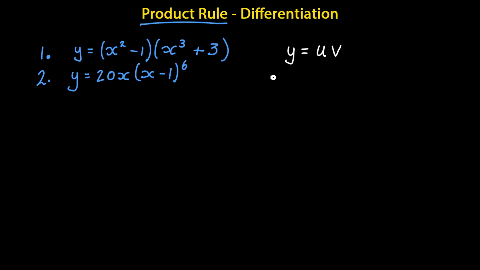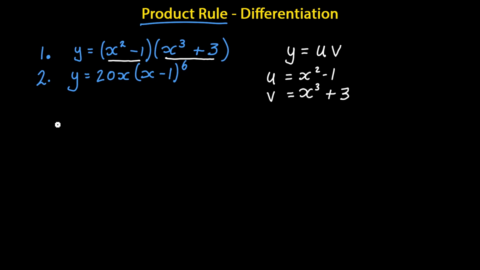So if we have a look at equation 1 here, if we were to write this equation in the form of y equals uv, we can set u equal to x squared minus 1, and we can set v to x cubed plus 3, which is the second bracket here.